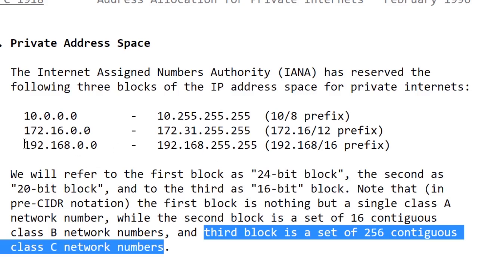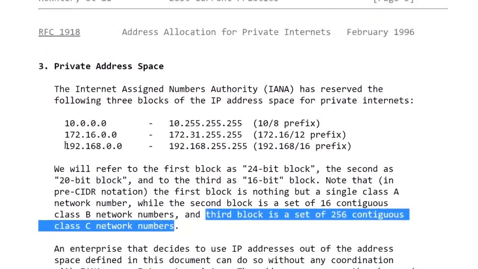So while this might appear to be Class B mathematically, it's actually that set of 256 Class C networks. As such, it is interpreted by operating systems and routers as a group of Class C networks, 192.168.0, 192.168.1, 192.168.2, and so on.